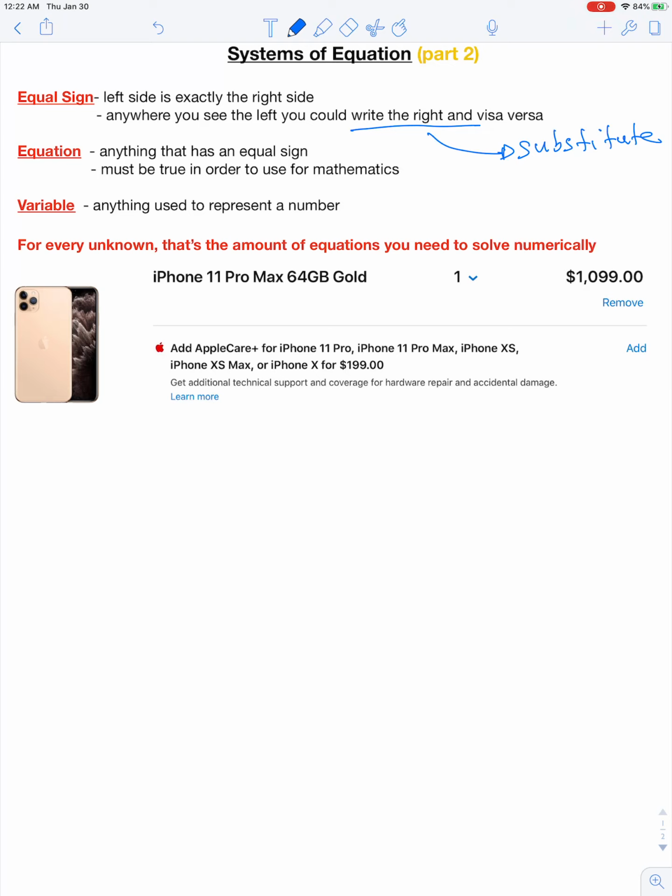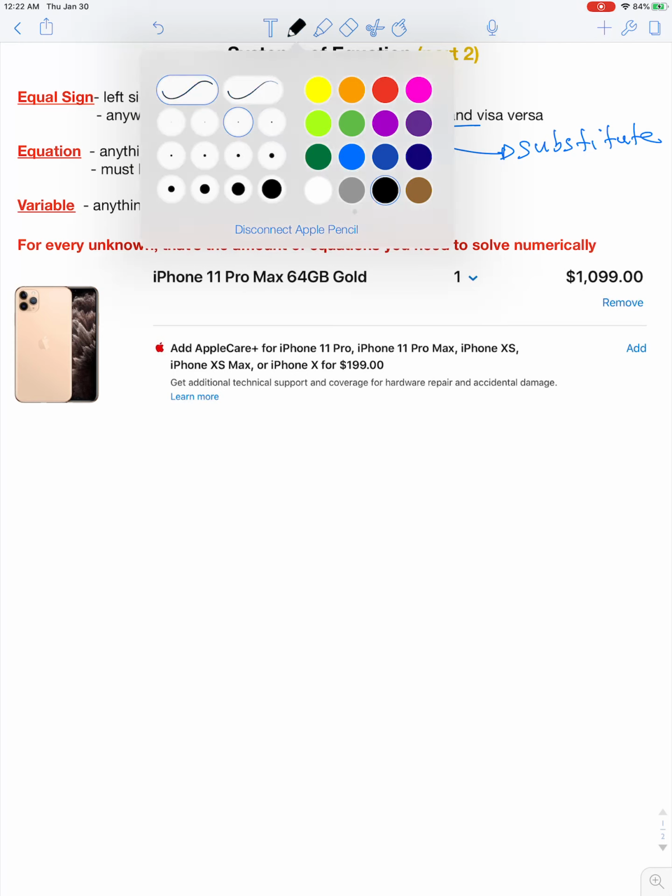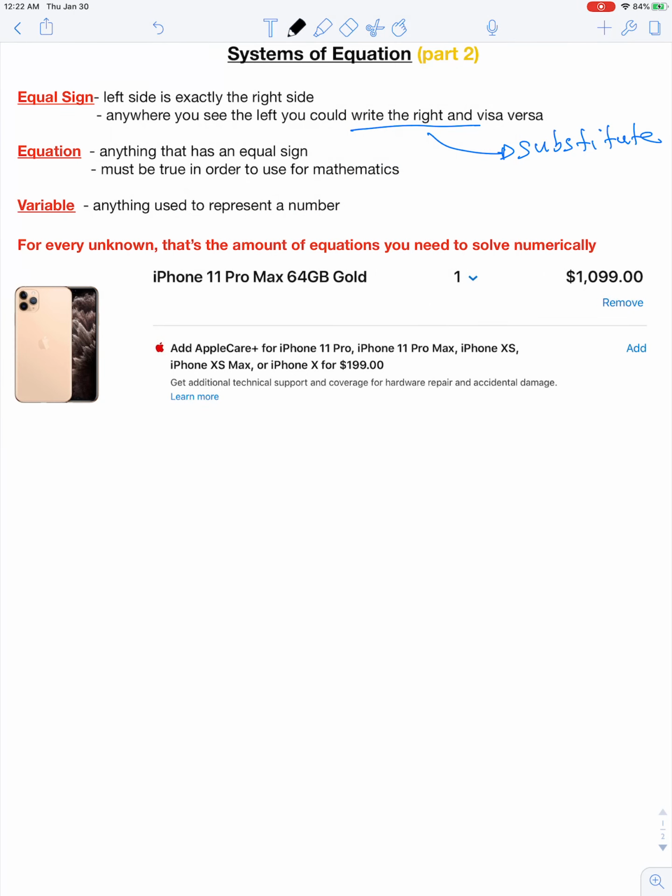If I want to write this out, we could write one iPhone, I, is equal to $1,099. Therefore, wherever I see $1,099, it is an iPhone. And if I see one iPhone, it is $1,099.